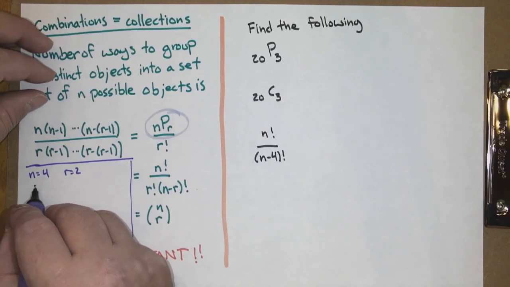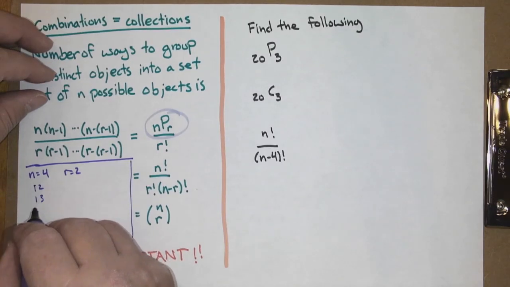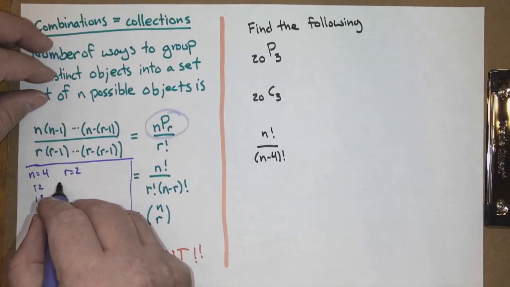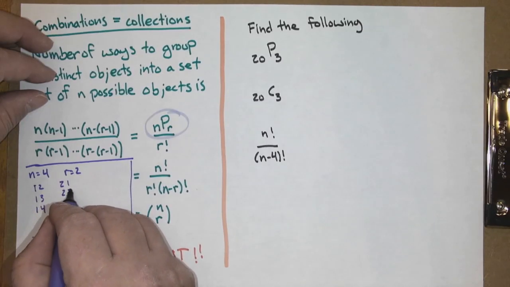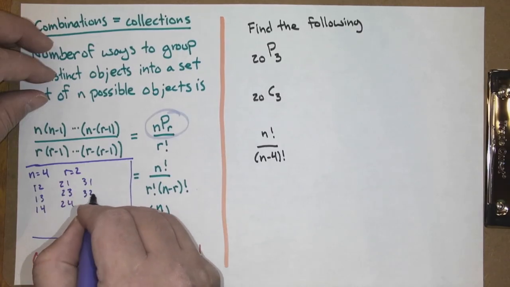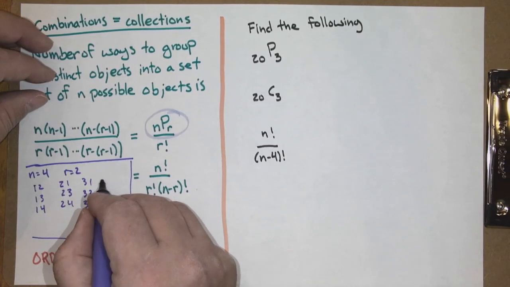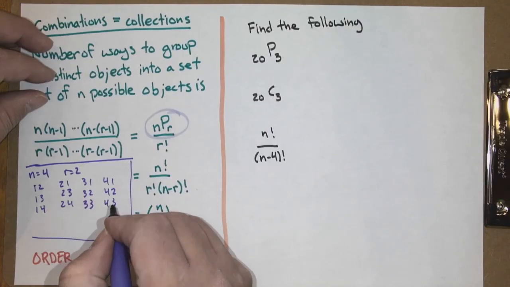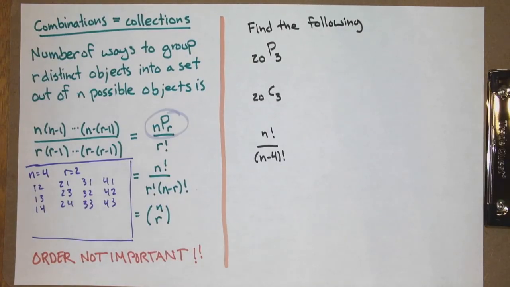So I could do 1, 2, 1, 3, 1, 4. I could pick 2, 1, 2, 3, 2, 4, 3, 1, 3, 2, 3, 3, 4, 1, 4, 2, and 4, 3. So those are all 12 ways that I could grab something first and then grab something second.